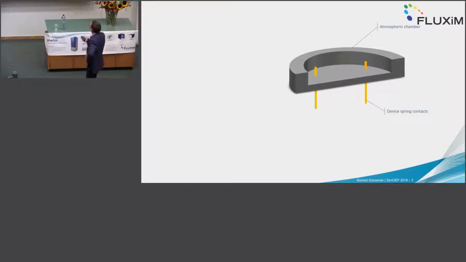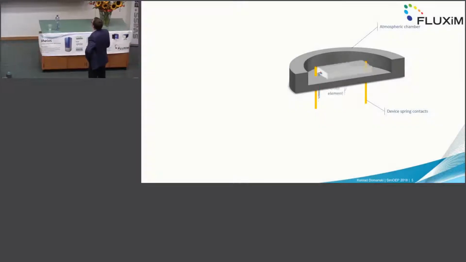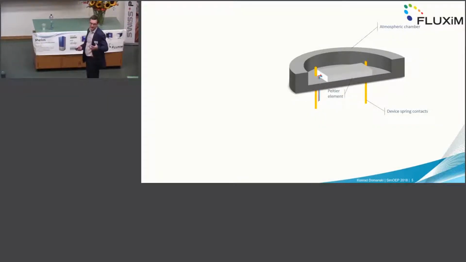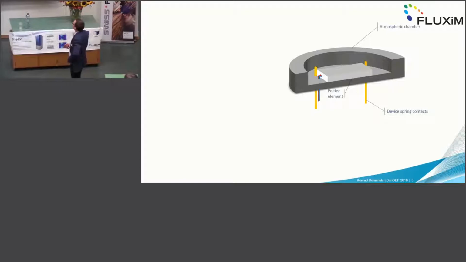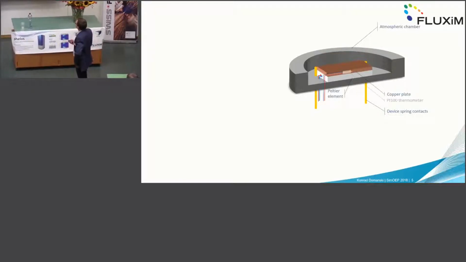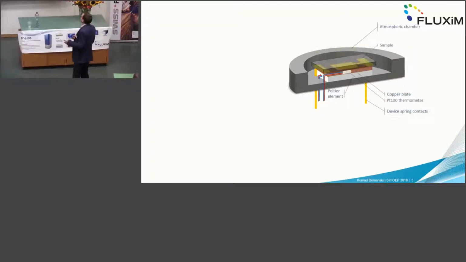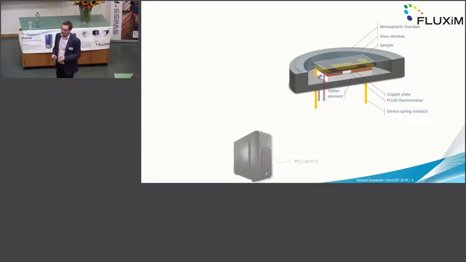Its basis is the environmental chamber, inside which we put a Peltier element. This is a heat pump that can cool or heat the device. On top of that, we have a copper plate with a thermometer, and we press the device against that heating or cooling stage. And we close the chamber with a piece of glass. And then we have different subsystems to control different environmental conditions inside the chamber, and they are controlled from one PC.